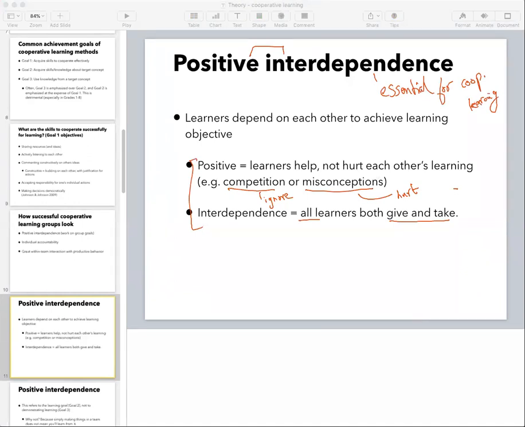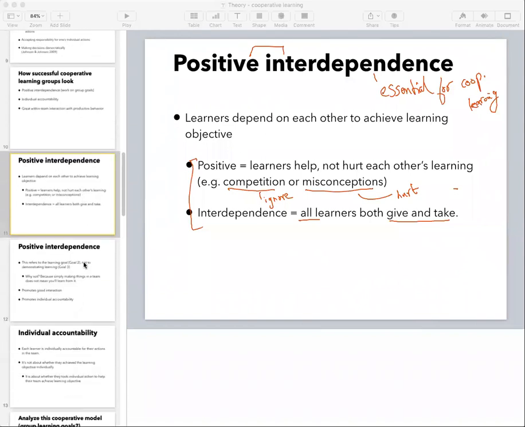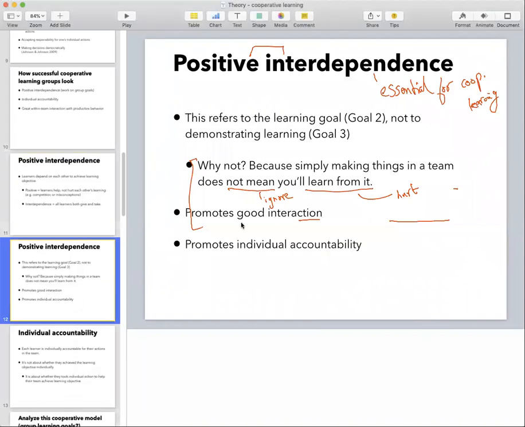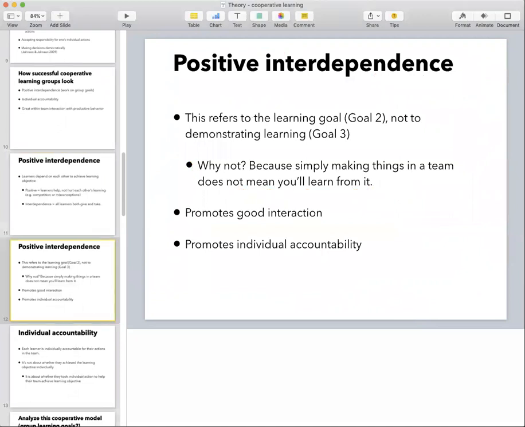Okay, I've talked about positive interdependence and how it has two parts and how it is essential. I must clarify now that it refers exclusively to the learning goal, not to the production goal, right? So positive interdependence, for example, will not refer to work in a project that is being split such that you'll put things together at the end.